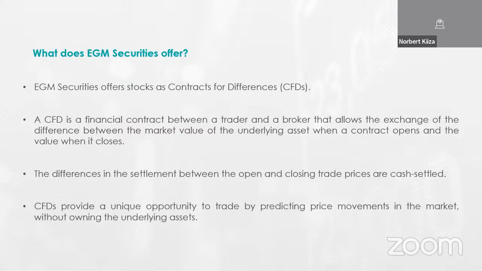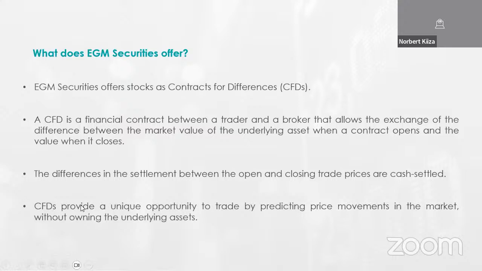However, with contracts for difference, the trader does not own the asset. He basically holds a position, but the underlying asset is not owned by the trader.